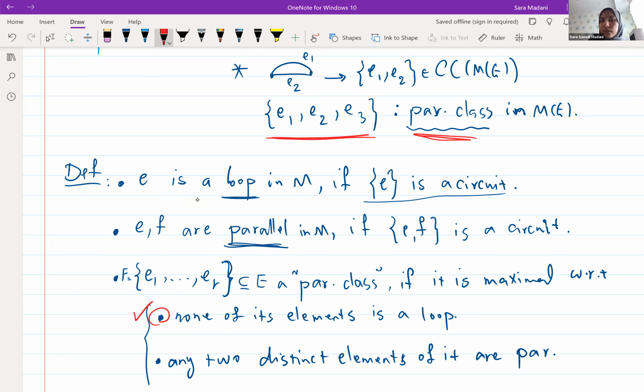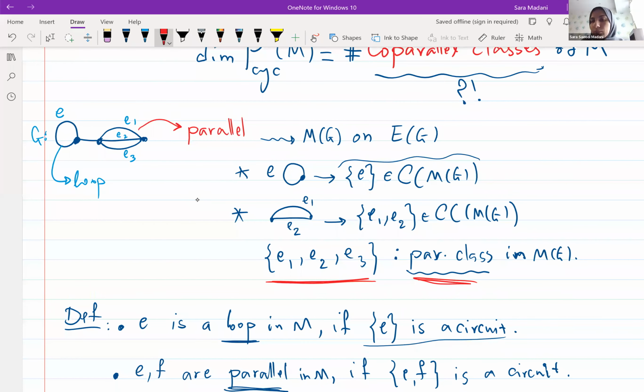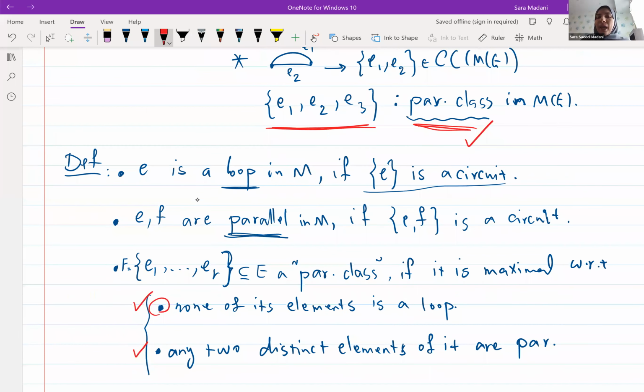E1 and E2, E1 and E3, E2 and E3, all pairs were parallel. So by our definition, this claim was right. Now we know what a parallel class is in a matroid in general, and what it means in the special case of a graphic matroid, and it has a very close relationship with what we knew about these words in graph theory.